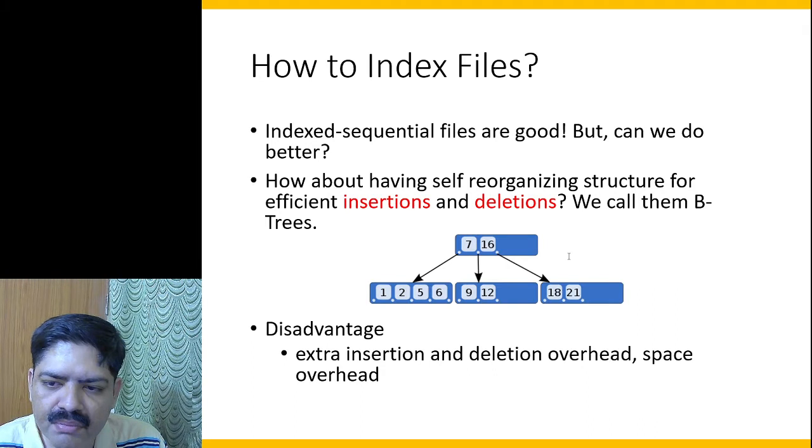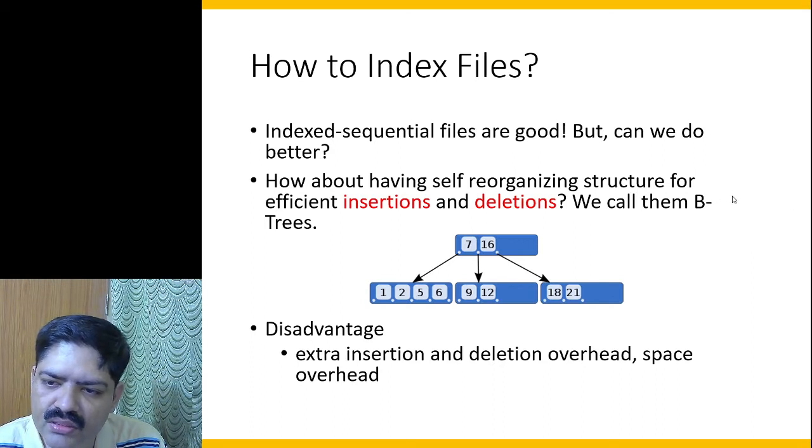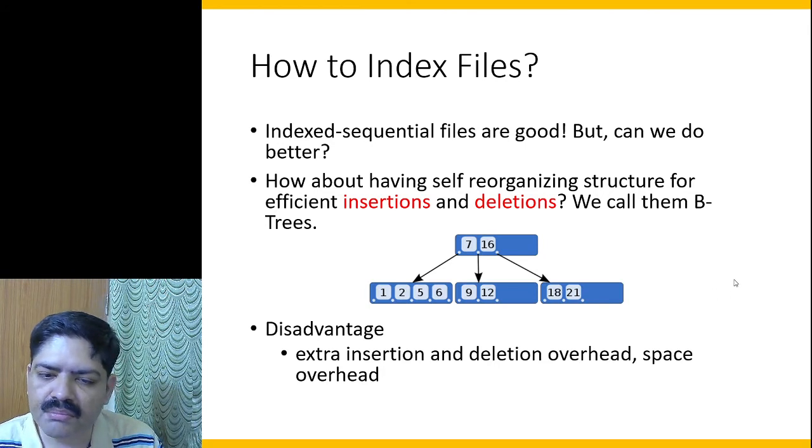So a B plus tree is like a B tree but has a few important differences. In a B plus tree, leaves are connected. There is a connection between the leaves to allow sequential access. So let us understand B plus trees.